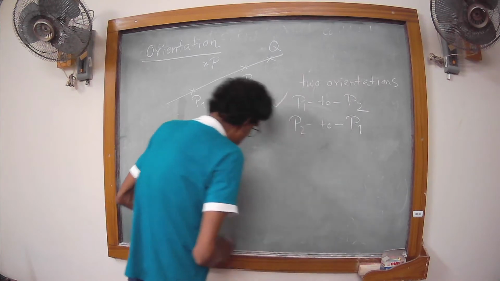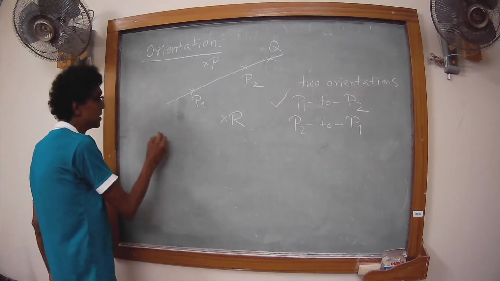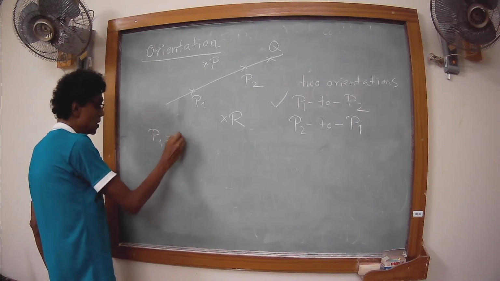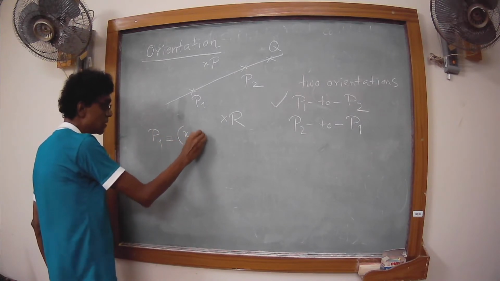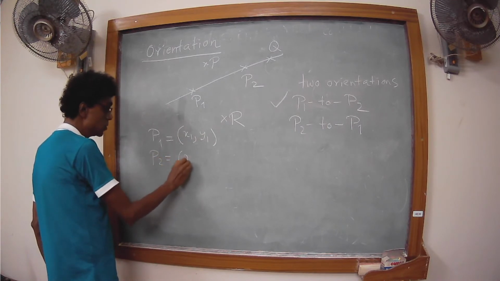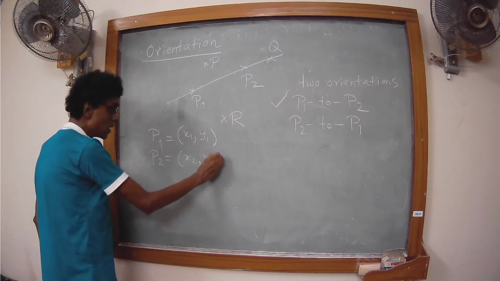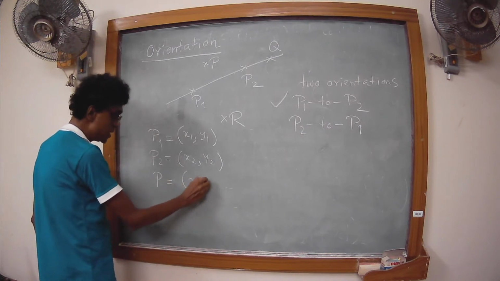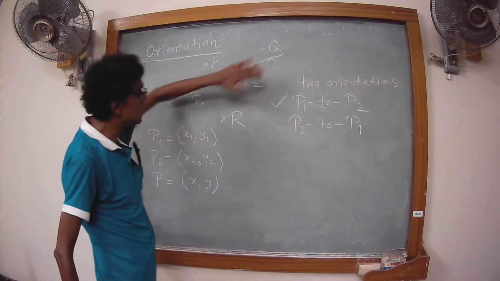So this can be done as follows. If P1 is x1, y1, P2 is x2, y2, and the third point P is x, y. It may be here, here or here.